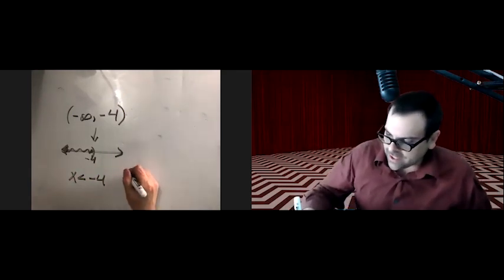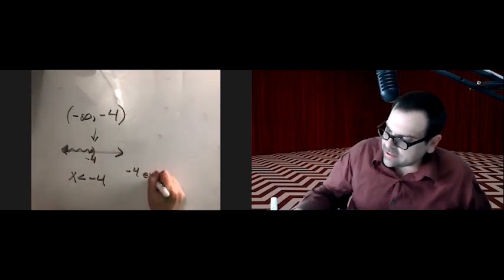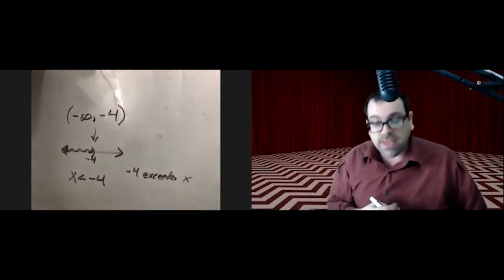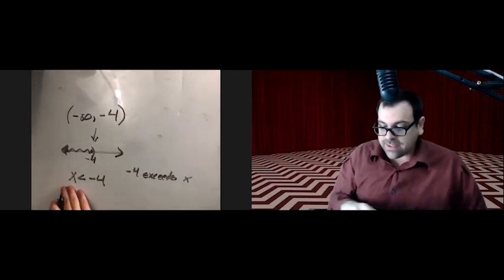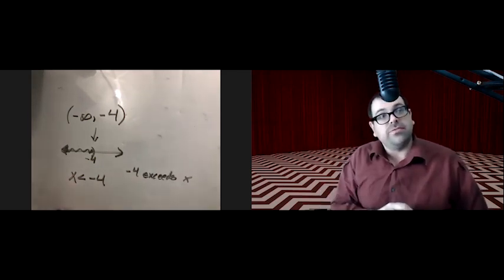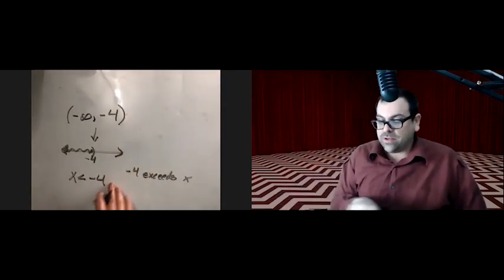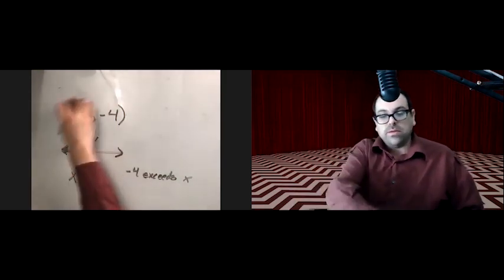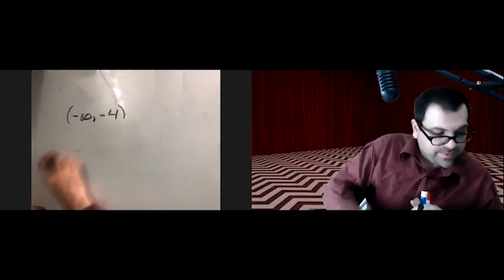So we might want to say -4 exceeds x. One of those things from the beginning. Or -4 is greater than x, or x is less than -4. x does not exceed -4. By translating our interval notation to the regular inequality, we can then speak these intervals the same way we did the inequalities.